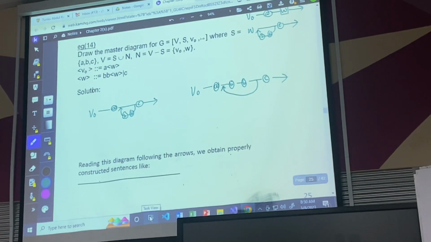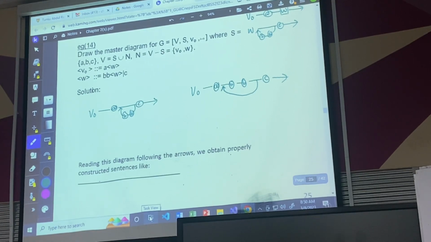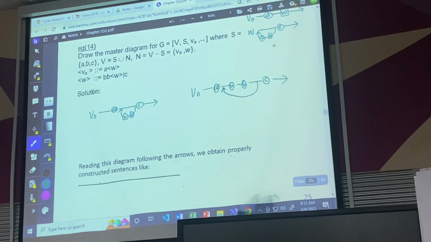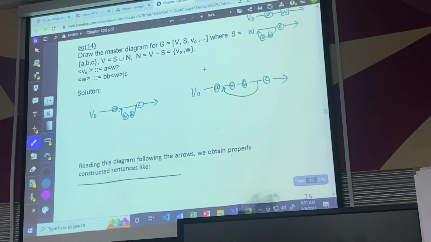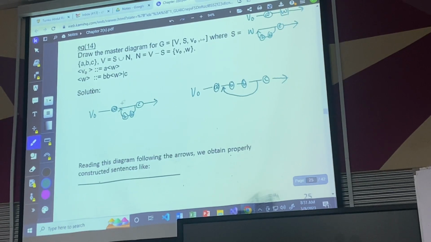Can we draw like this? Yes or no? Any difference between the diagram on the left and right, any difference?